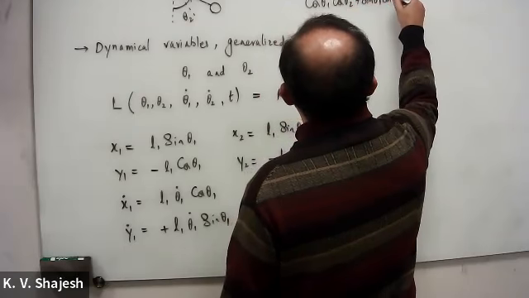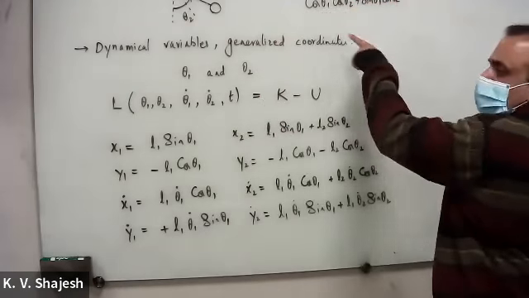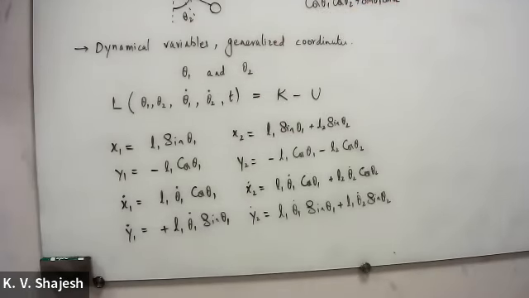That's a cross term, but that's trigonometrically cosine of theta 1 minus theta 2, or theta 2 minus theta 1, doesn't matter. That's your kinetic energy. Any questions there?